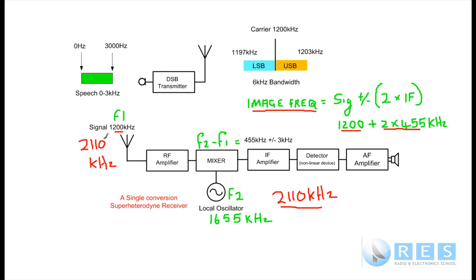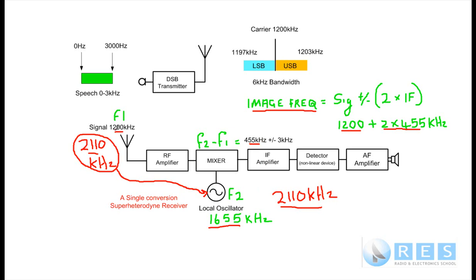Can you see that 2110 kilohertz will mix with our local oscillator on 1655 kilohertz to produce 455 kilohertz, because the difference between 2110 and 1655 is 455. So this is an unwanted interfering signal which will also be converted to the IF frequency by the local oscillator.